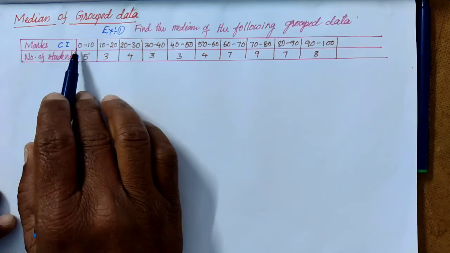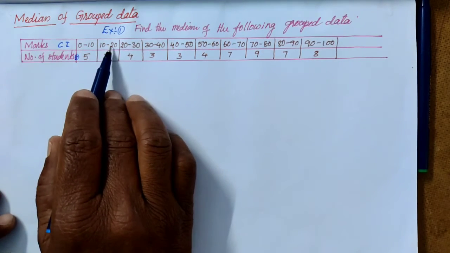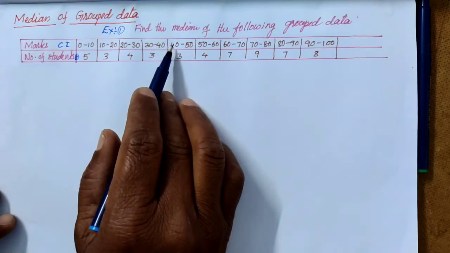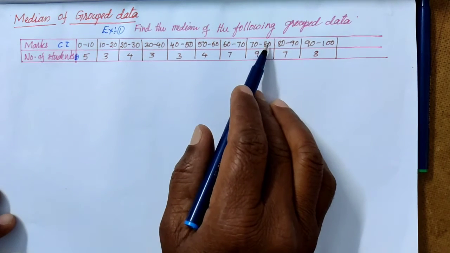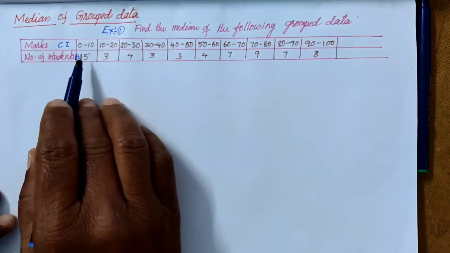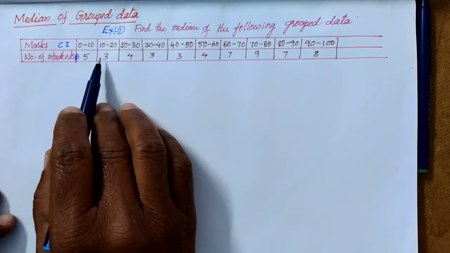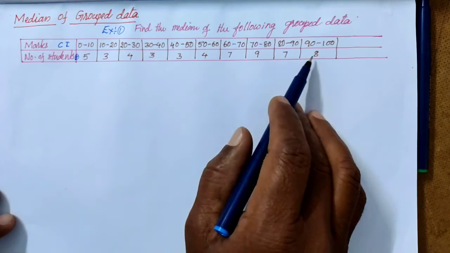Okay, here what are the class intervals? 0 to 10, 10 to 20, 20 to 30, 30 to 40, 40 to 50, 50 to 60, 60 to 70, 70 to 80, 80 to 90, 90 to 100. These are the class intervals, and the frequencies are 5, 3, 4, 3, 3, 4, 7, 9, 7, 8.